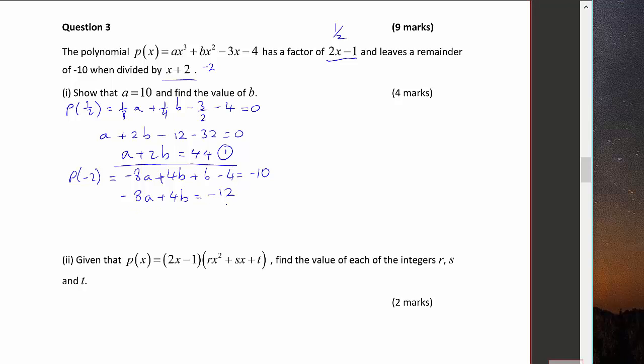If we divide through by negative 4, then we'll have 2a minus b would be 3.